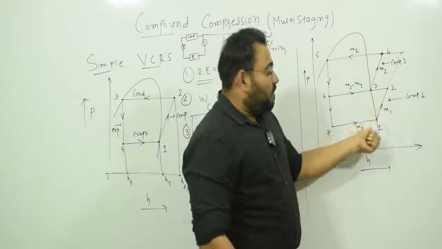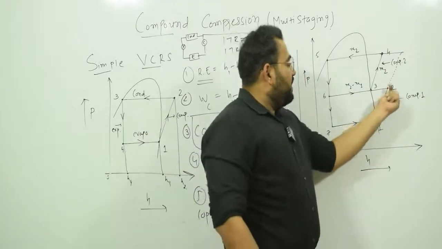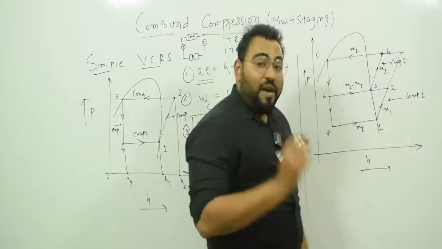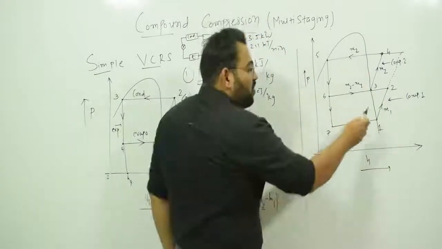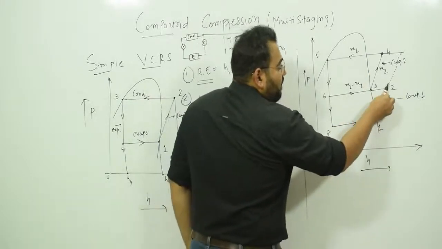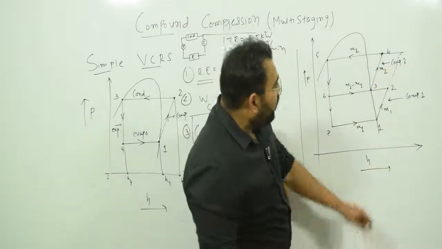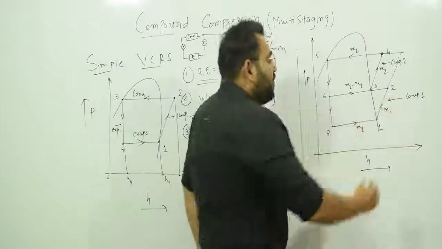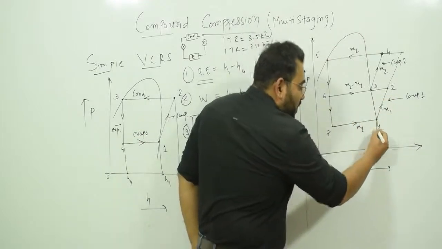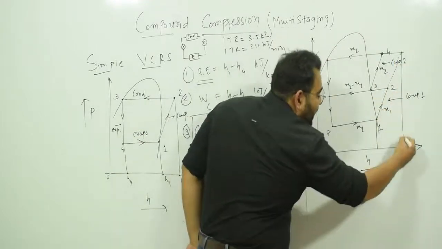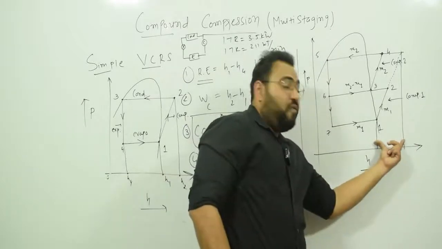Instead of this line in compound compression, which goes this way, then this, then this, if I use only one compressor, this line will go like this. So your compressor work is going to increase, because your starting point will be here and your ending point will be here. So this much is the compression work you have to do.